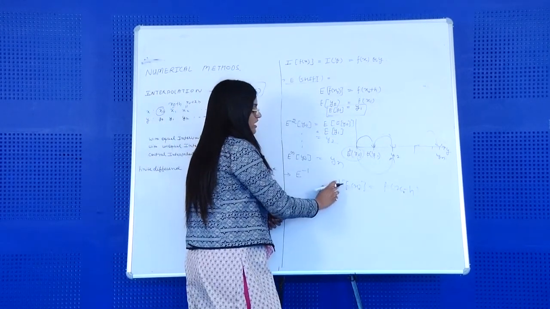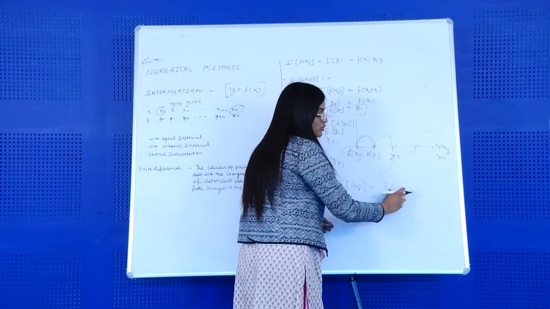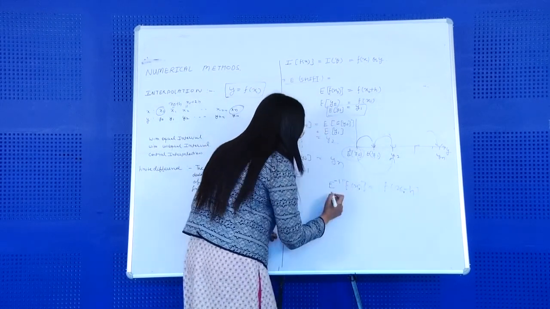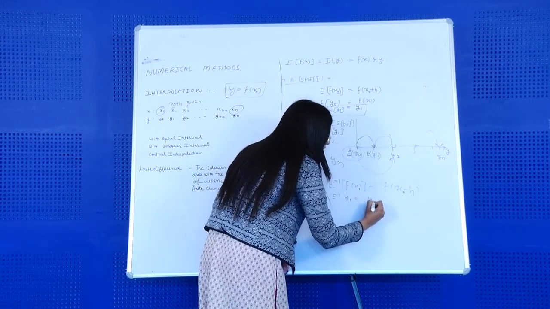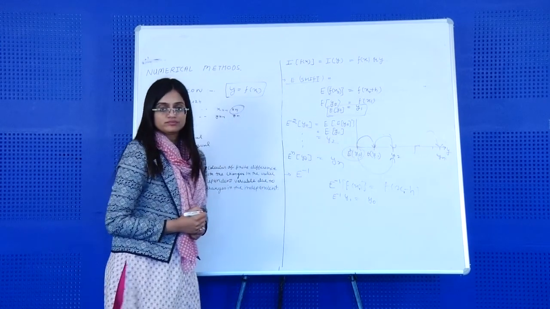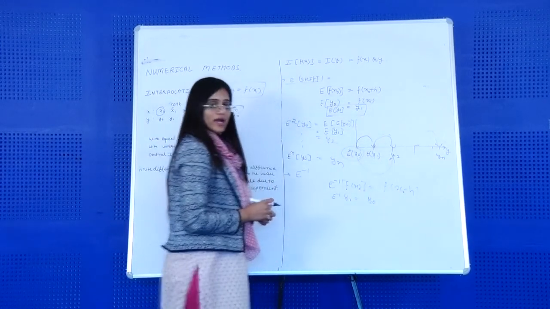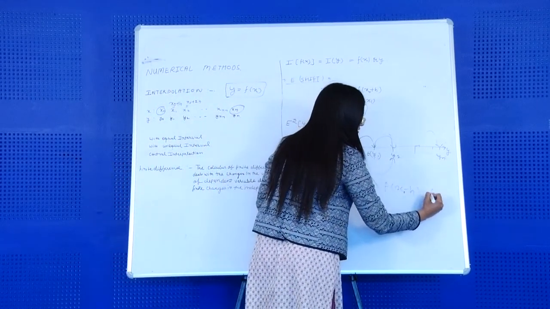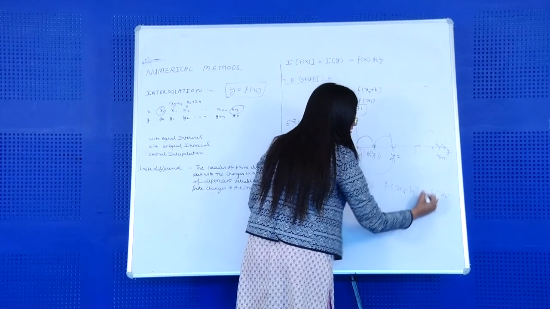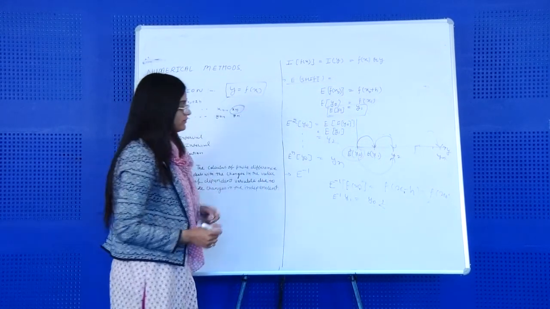So E raised to power -1 f of x1 is f of x1 minus h. That means E raised to power -1 y1 gives the y0 value, because f of x minus h is f of x0, and this f of x0 is known as y0 by the definition.